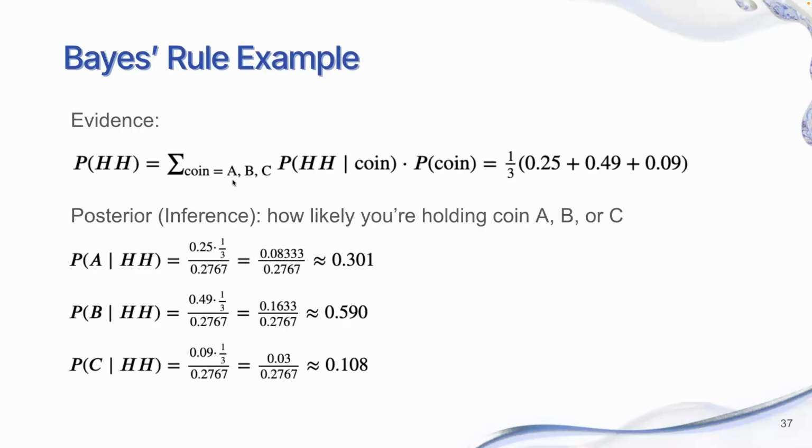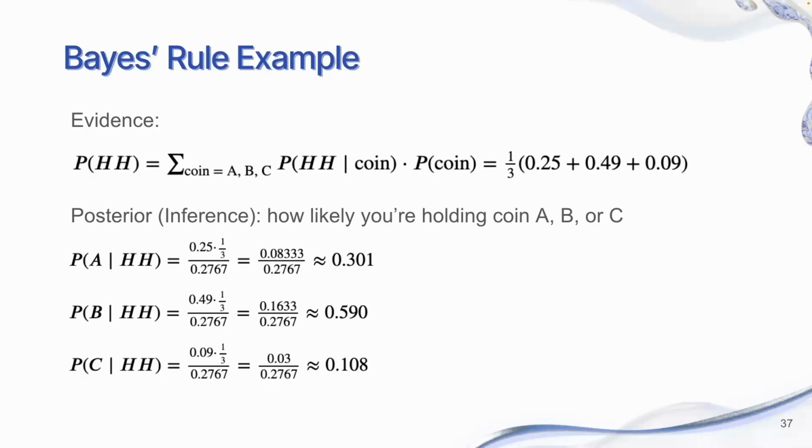The coin can be A, B, or C, and all you're doing is summing all their possibilities of giving this data together. I actually didn't compute this term, but this is the overall chance of you seeing 2 heads, no matter which coin you picked. It's just the total probability of you getting 2 heads when you flip a coin twice, even though you don't know which coin is being flipped. That's your evidence.